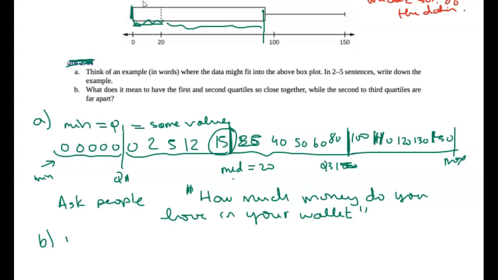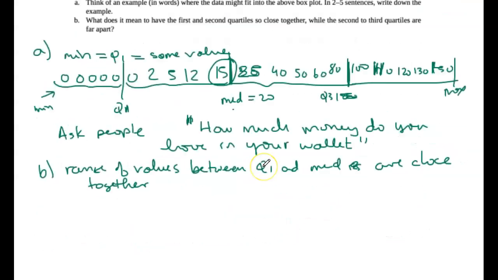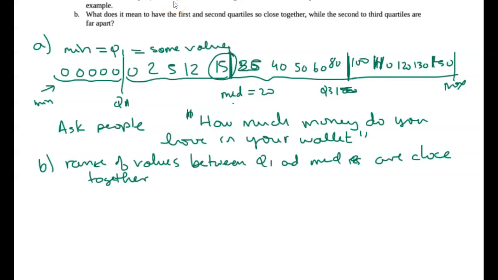So the range of values between Q1 and Q2, which is the median, are close together. We're going from like 0 to 15 or 0 to 20. Your 5 values are squeezed in between those close values. But between Q2 and Q3, they're more spread apart. The range of values in that region is more spread.